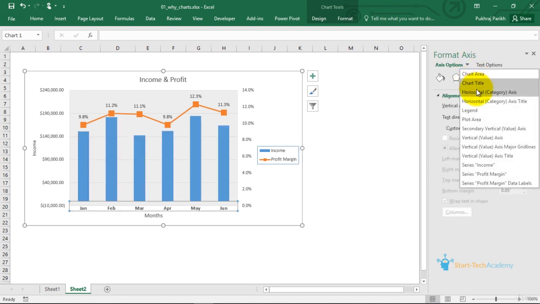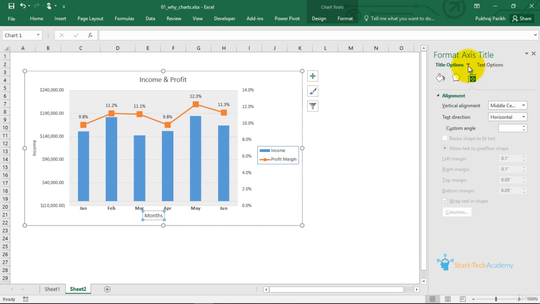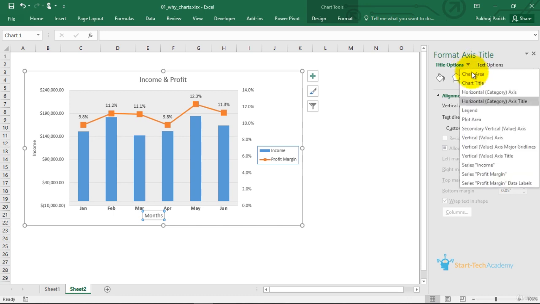I know remembering them must be a difficult task, but everyone who is trying to master charts should know this nomenclature. In the coming videos of this course, you will be learning about how to format each and every individual element of the chart.